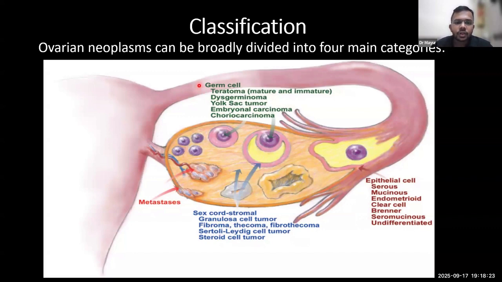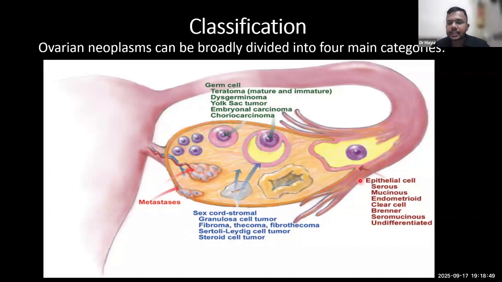Germ cell tumors include teratomas, dysgerminomas, yolk sac tumors, embryonal cell carcinomas, choriocarcinomas. Sex cord stromal tumors include granulosa cell tumors, fibromas, thecomas, Sertoli-Leydig cell tumor, and steroid cell tumor, and the last is metastasis. We are going to see examples from each of these categories.